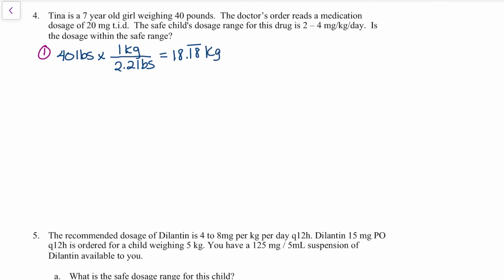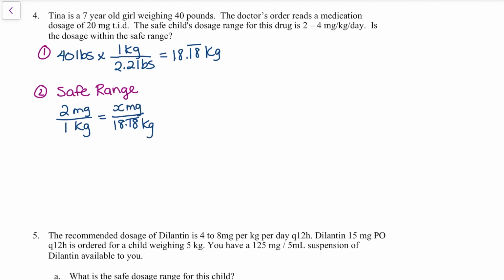And then I need to look at the safe range. It is 2 milligrams per kilogram. Our child is 18.181818 kilograms. How many milligrams is that? I get x equals 36.363636 milligrams per day.